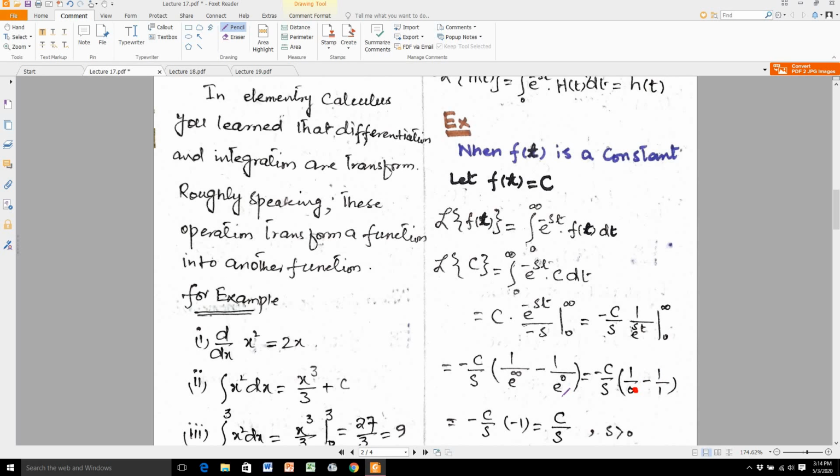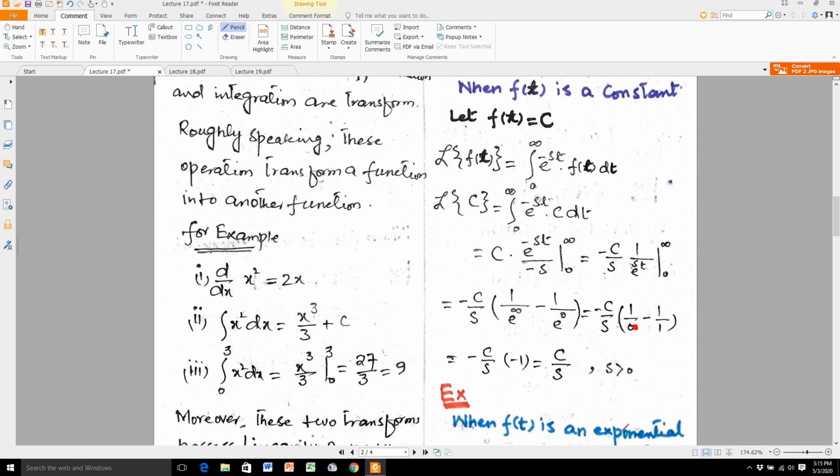Then you know that e raised to power 0 is equal to 1, so this is 1 over 1. And you know that 1 over infinity is equal to 0. So this part becomes 0 and our remaining part is equal to minus 1. When you multiply this, it is equal to c over s, where s is a real number greater than 0.